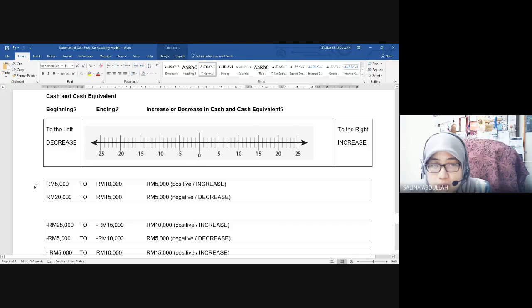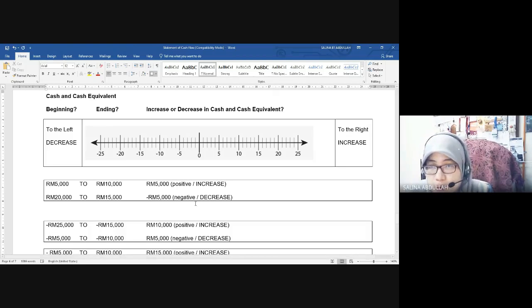Okay, let's take a look at this first box here. From 5,000 to 10,000, this is quite simple, quite easy, because it's a positive figure. Definitely, you know that if it is from 5,000 to 10,000, it's a positive, it's an increase. However, oppositely, if it is from 20,000 to 15,000, it is negative here. Negative is a decrease.